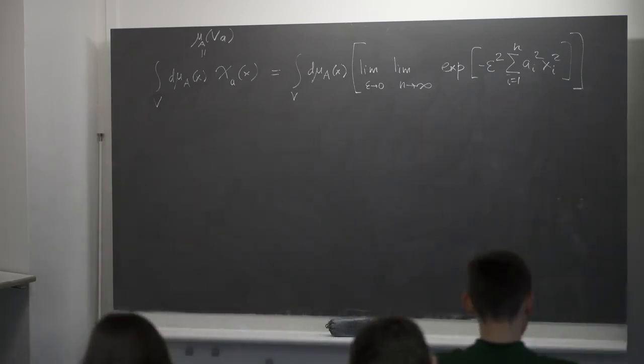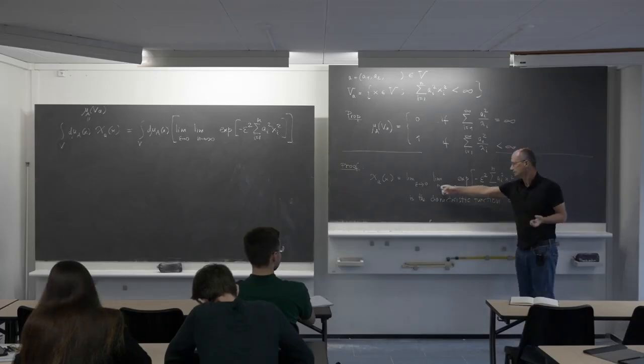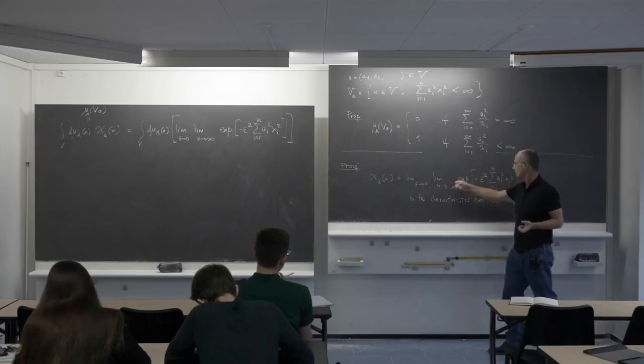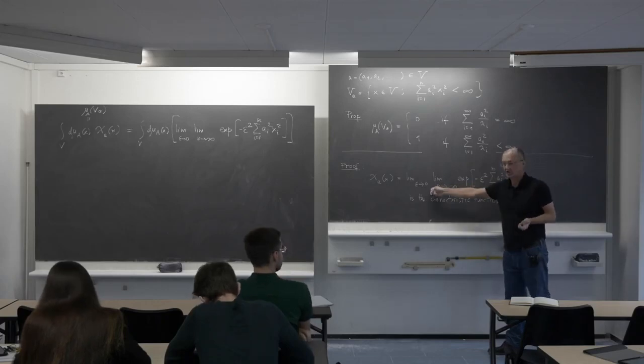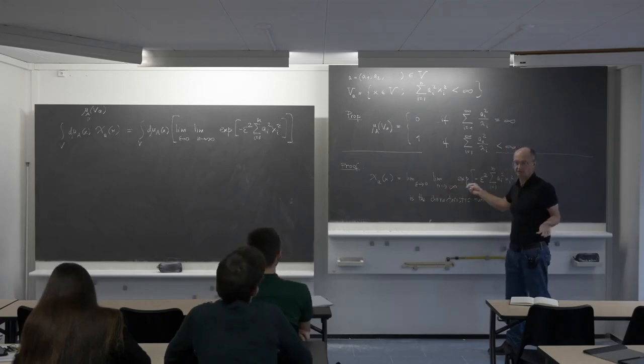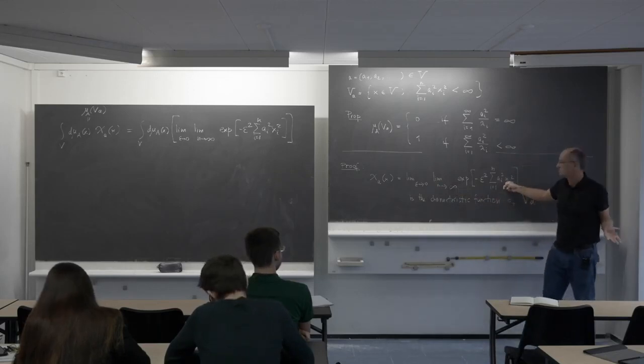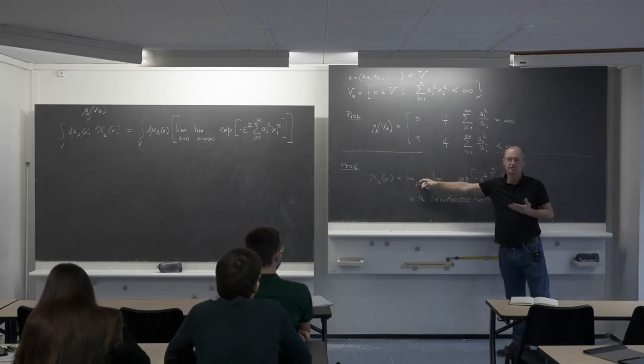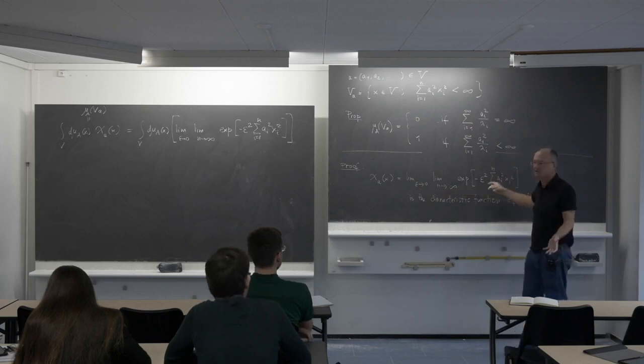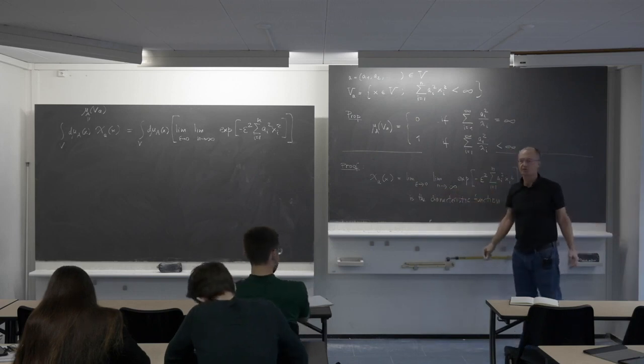Now, two small remarks, right? About those two limits. Obviously, there is a convergence pointwise, right? So for each x, each of these two limits converges, sometimes easily, sometimes in a more complicated way.